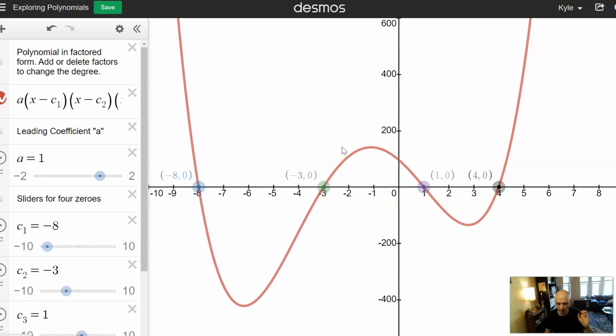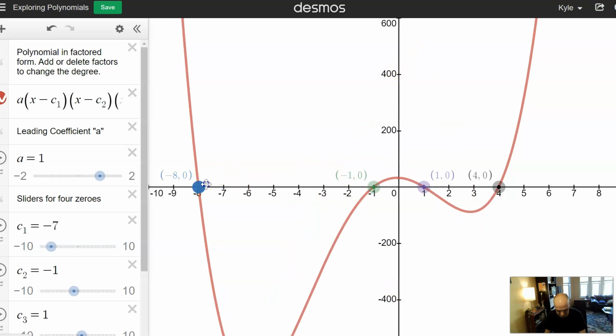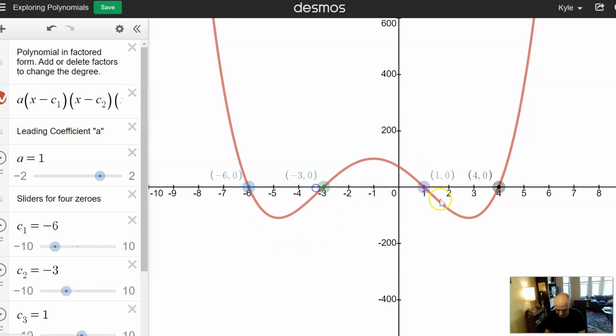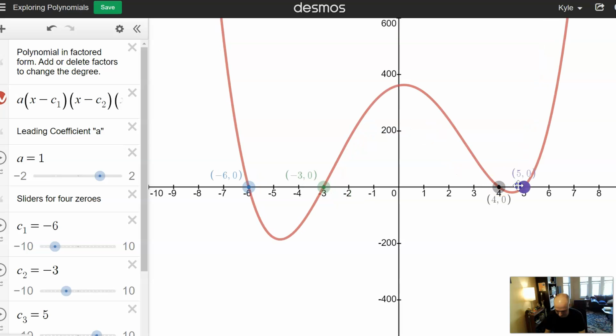When we're graphing polynomials by hand, we're pretty much going to ignore the y-axis because the scale is so ginormous. It's not really useful to try to figure out the y-intercept, which Desmos is saying is 24 here. If I move this around to make a taller graph, it's not really relevant that the y-intercept is 360. We're not going to try to fit that on our paper. We're really just looking at the zeros and the general shape.